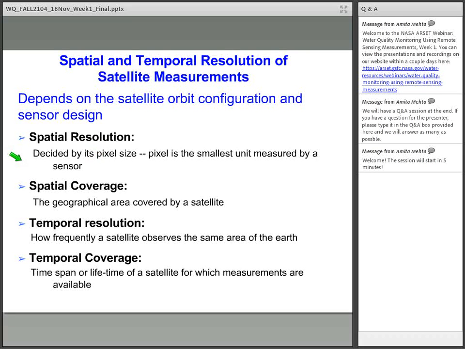And so the smallest pixel size is the highest spatial resolution a sensor can provide. Spatial coverage is simply the geographical area covered by a satellite. Temporal resolution is how frequently a satellite would observe the same area of Earth. And temporal coverage is the lifespan of the satellite mission. So that's the temporal coverage. So anytime we start using data, these are the remote sensing features that we want to see.